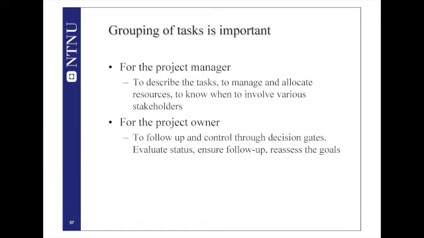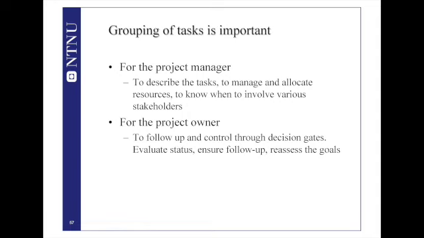The second reason for why we need this grouping along phases or tasks is in order to make decisions. We need points in time. We call them decision gates. And in these decision gates, we make decisions. We say, for instance, the previous group of tasks should be redone.